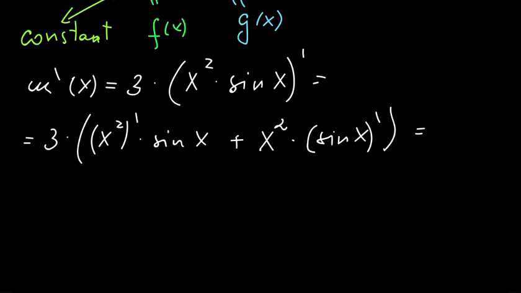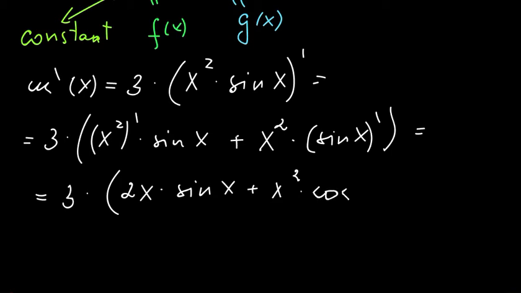Now this is equal to 3 times, you already know what the derivative of x squared is, it's 2x times sine of x plus x squared times a derivative of sine of x, and you already know it, it's cosine of x.